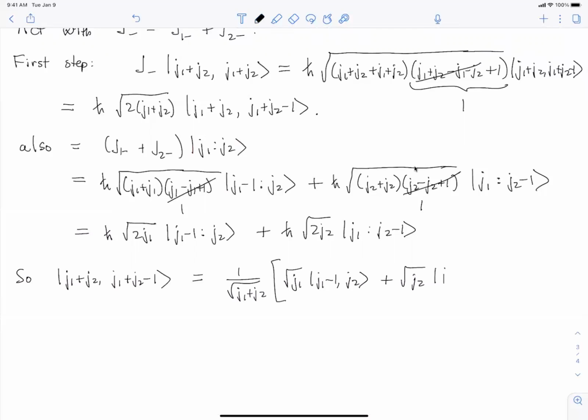These should be colons actually, because this is in the product basis.